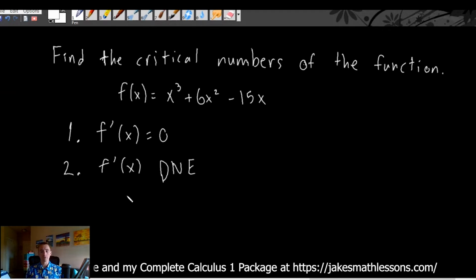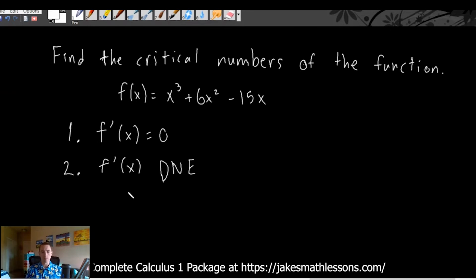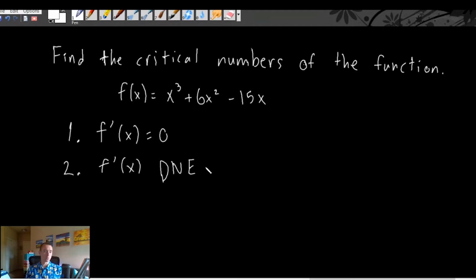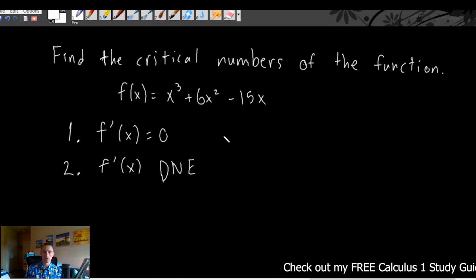For example, if your derivative is a fraction, and there's some x value that makes the denominator equal 0, you're dividing by 0, so your derivative would not exist there. There could be other things that create that, but these two things are what we want to look out for.